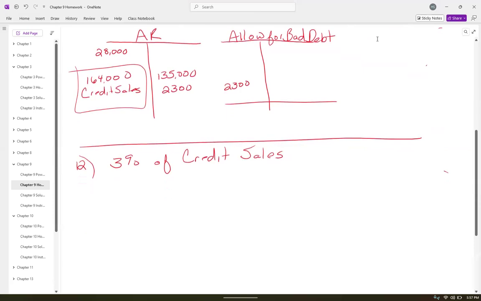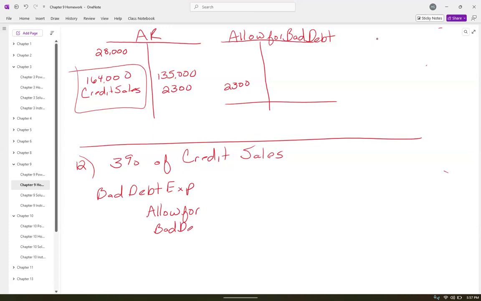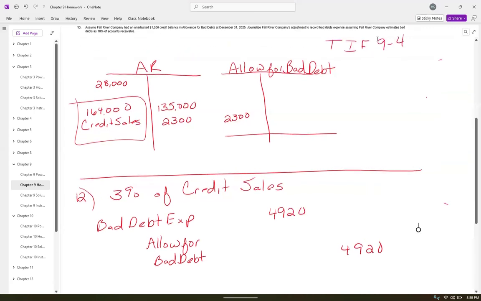So that first one was 3% of credit sales. We will debit bad debt expense and credit the allowance for bad debt. So that was 4920. And I did check that. That is the correct answer for that one.